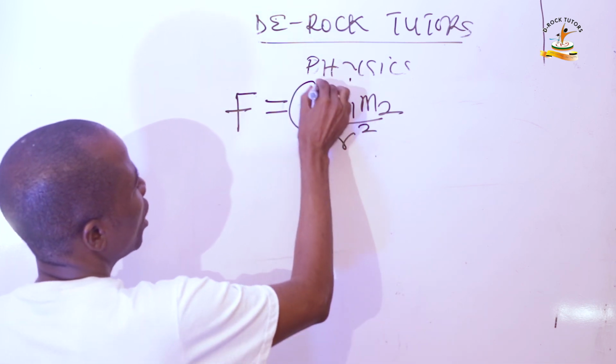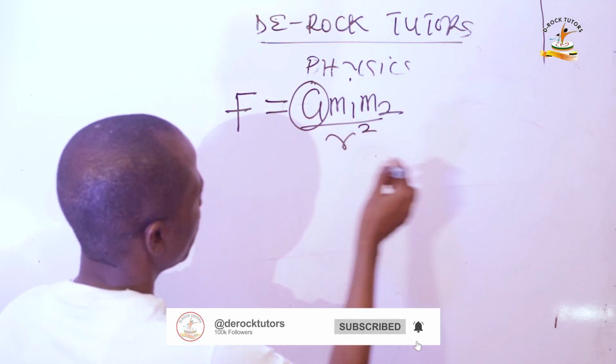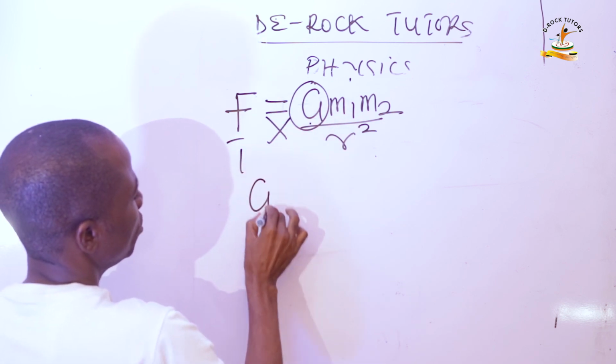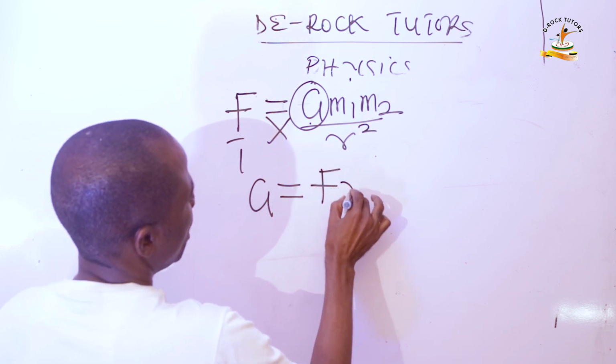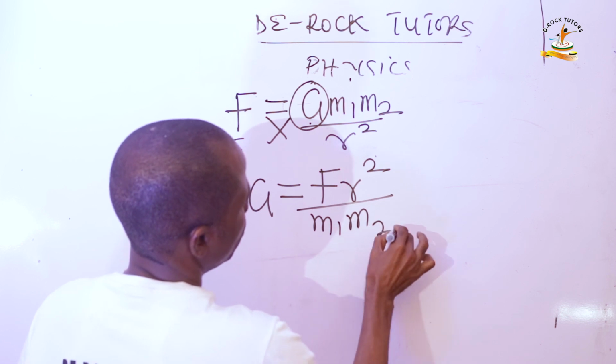Now, this capital letter G here is the Newton's gravitational constant we are talking about. If you make it the subject of this formula, what do we have? We now have G is equal to F r squared all over m1 m2.